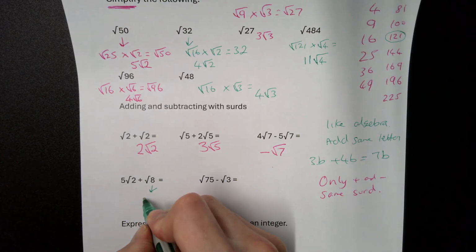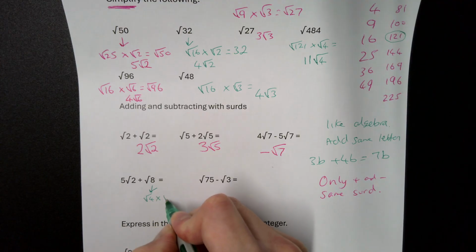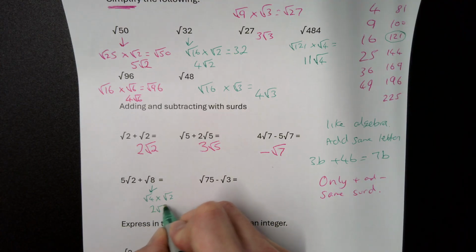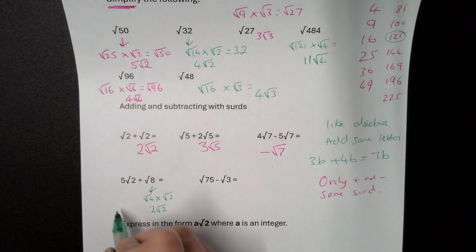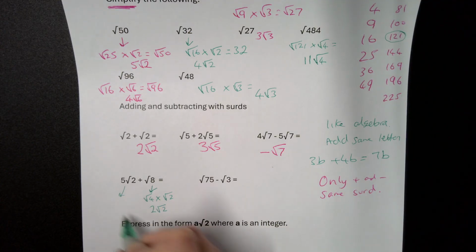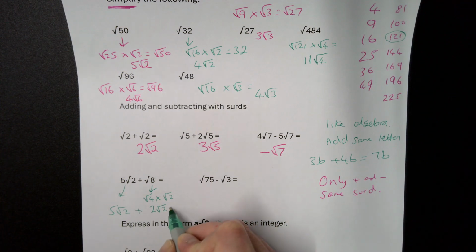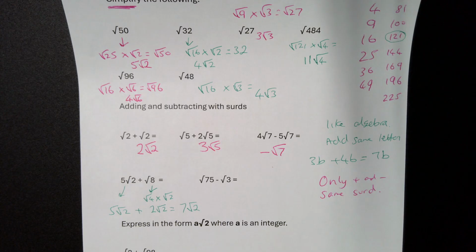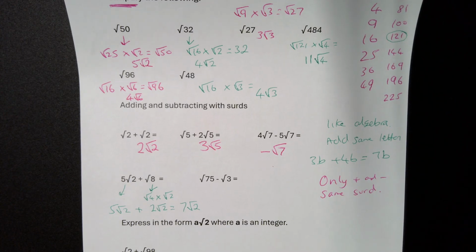So that's root 4 times root 2. Cancel it down, gives you 2 lots of root 2. And these here, you're going to have 5 root 2, add 2 root 2, gives you 7 lots of root 2. That's all we do.